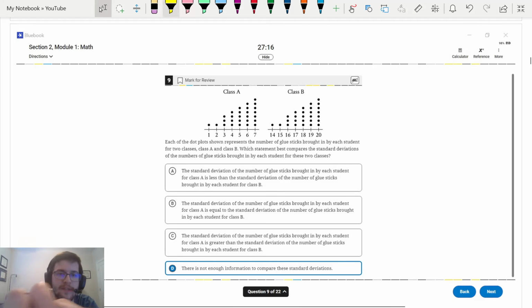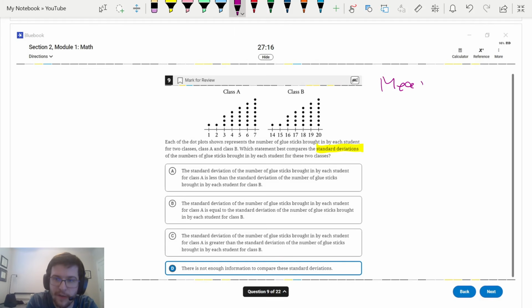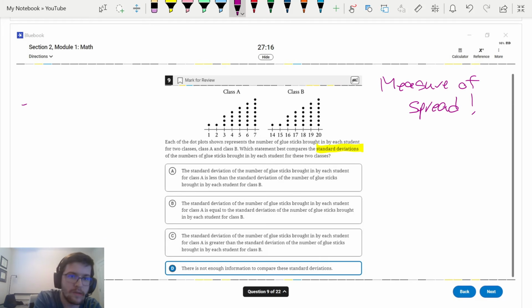Okay, so standard deviation is a measure of spread.